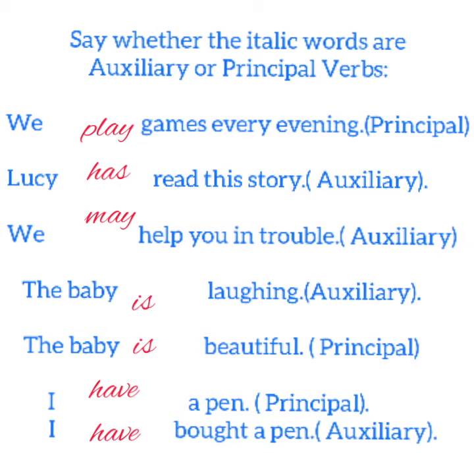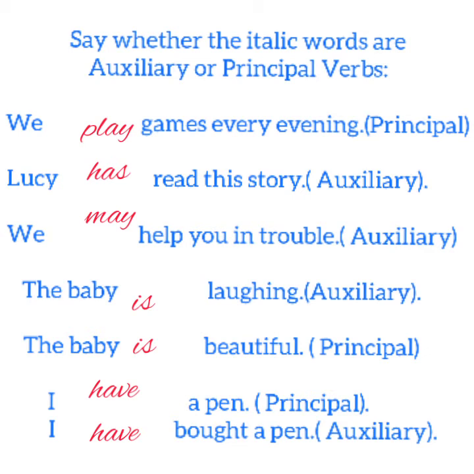The first question is, we play games every evening. Here the italic word is play. As we don't find any other verb, this is the only verb in this sentence, we can say the word play is a principal verb. Next, Lucy has read this story.